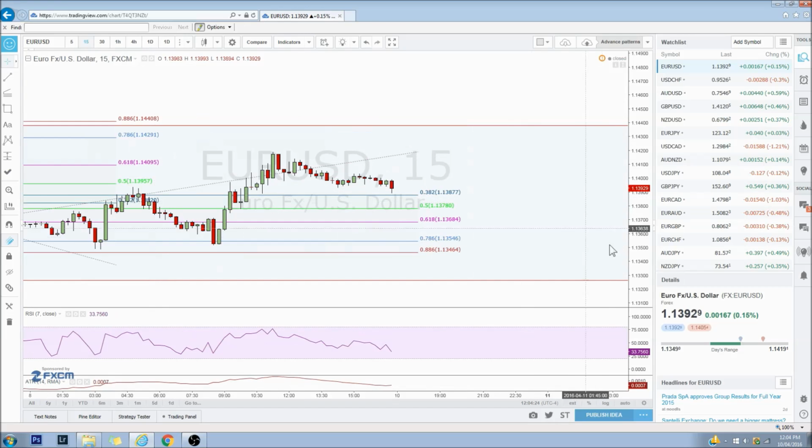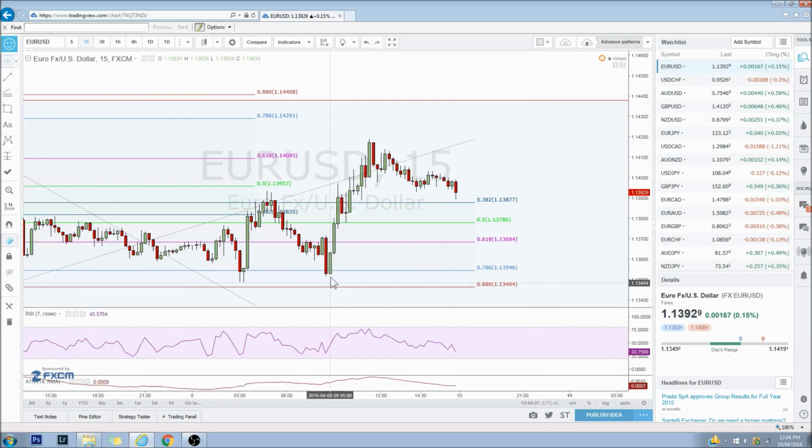If we even drop down to a 15-minute chart, you can see that there's a double bottom here with a break of structure here. Maybe it comes down to a 2618. If it came down to here, we can take a buying opportunity all the way up. Or it's retesting this structure here.